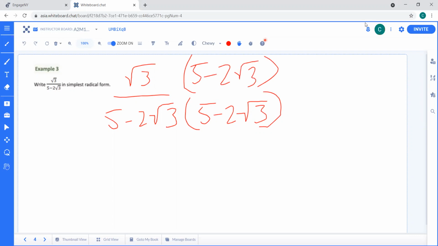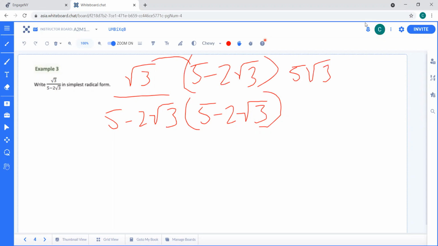Okay, so what is that going to leave us? So the top, do just the distributive property, that's going to be 5 square roots of 3. Now we're going to have the square root of 3 times a negative 2 square roots of 3.